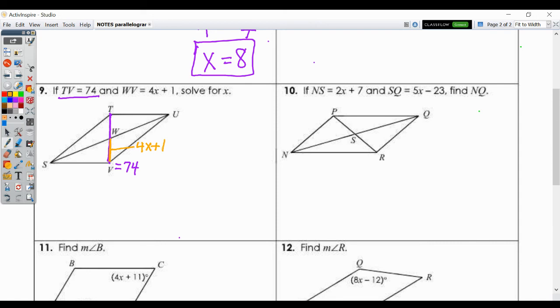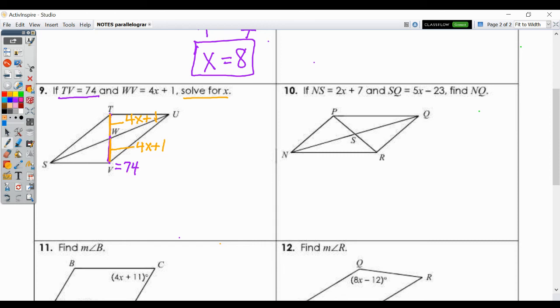So I've got to use what I know about parallelograms to set up an equation to solve for x. So I know that this little side from W to V and this side from T to W are equal to each other, right? So if this side is 4x plus 1, this side is also 4x plus 1. And both of those added together are supposed to equal 74.